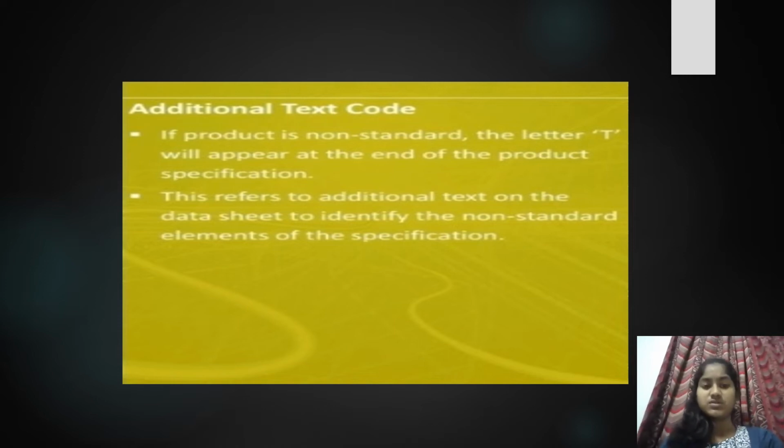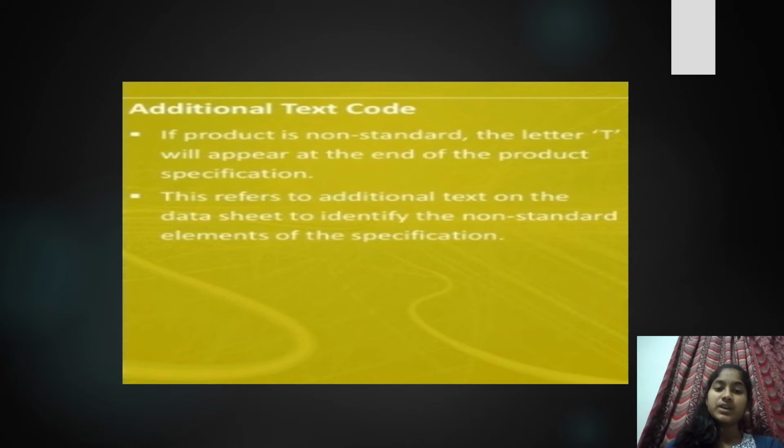VCXO applications. VCXOs are used in many applications. Here are a few. Temperature controlled crystal oscillators. VCXOs are used in TCXOs, temperature controlled crystal oscillators, where the temperature compensation voltage is applied to a control terminal of the VCXO.